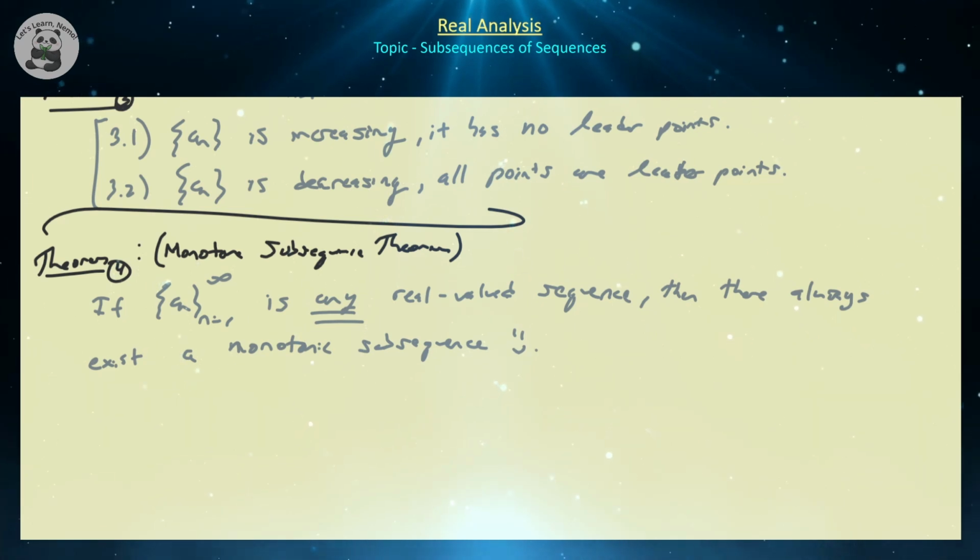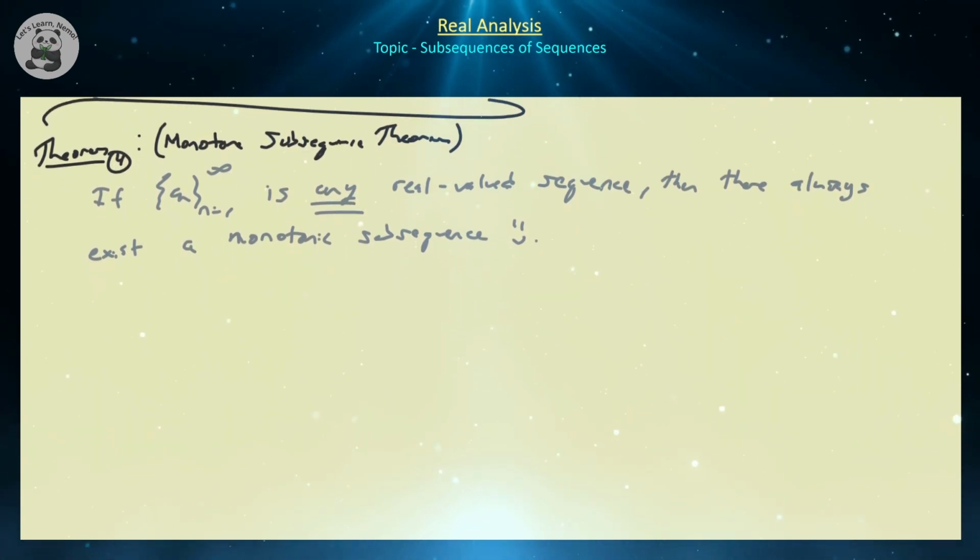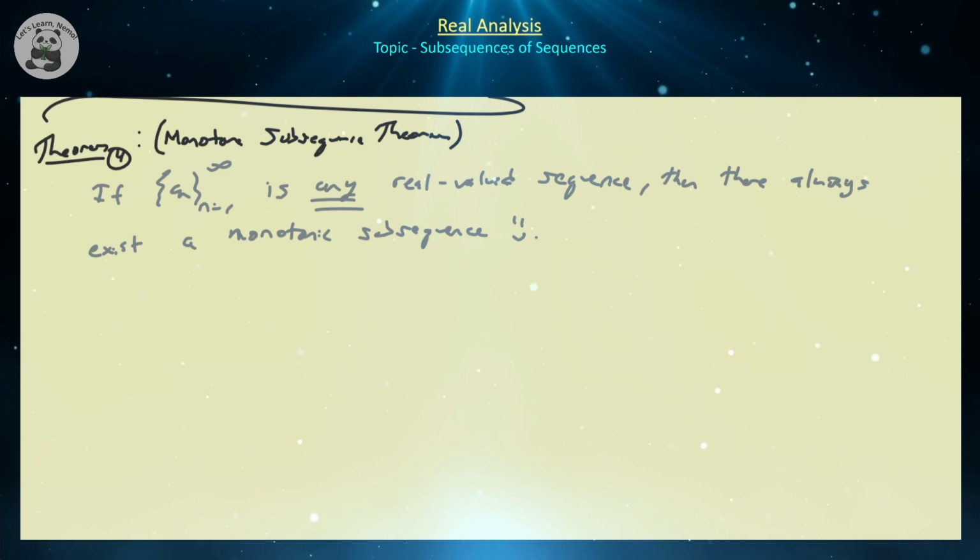There always exists a monotonic subsequence for every sequence, even if it diverges, right?